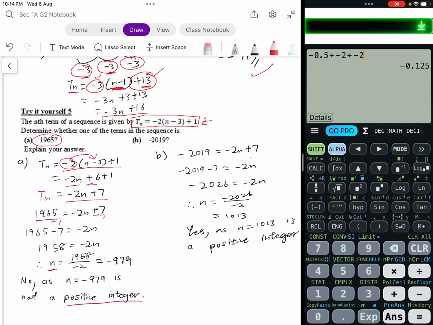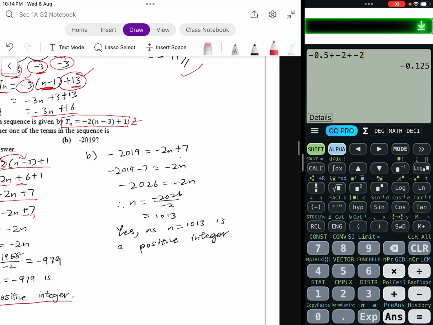It cannot be a fraction, it cannot be a decimal, it cannot be negative. n is very specific because it's your placing. You are not the negative first place or the negative second place. You must be first, second, third, fourth, fifth. It must be a whole number. So is this number one of the terms in the sequence? No, as n is not a positive integer.